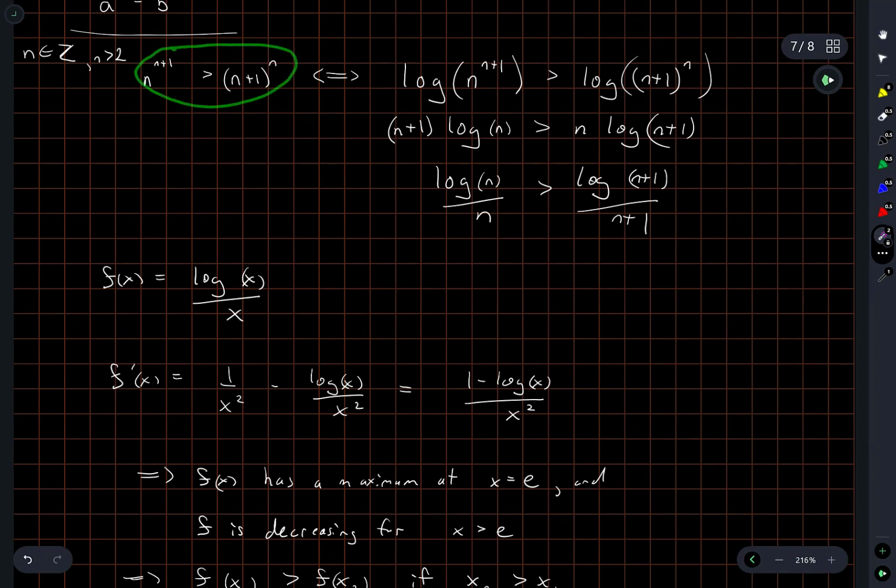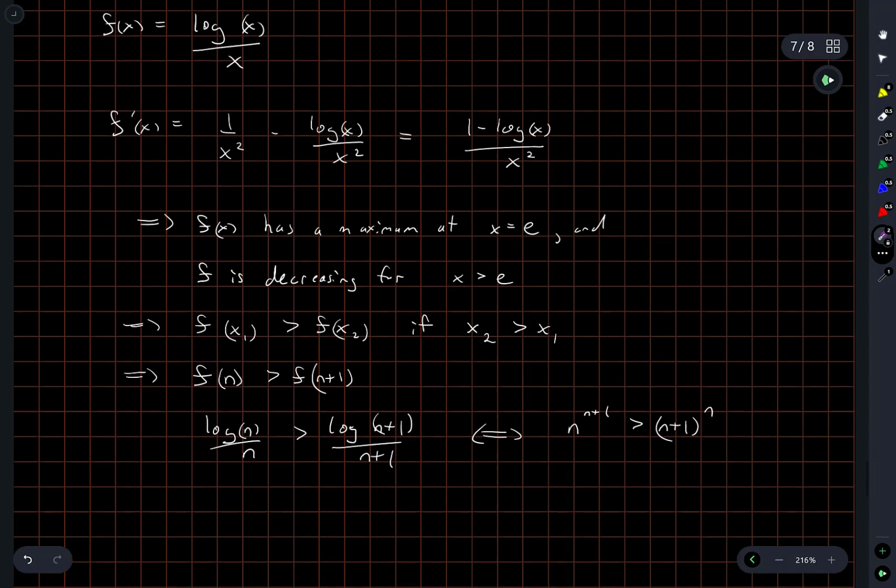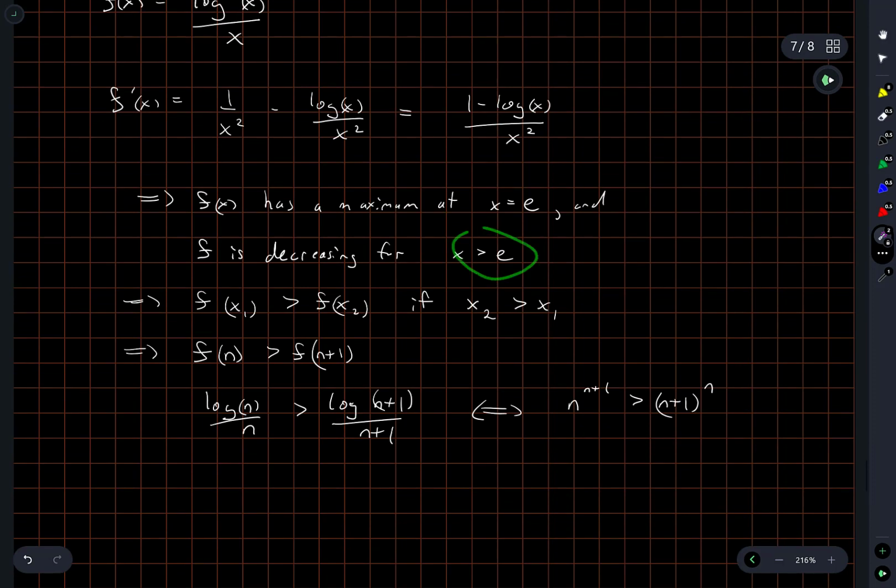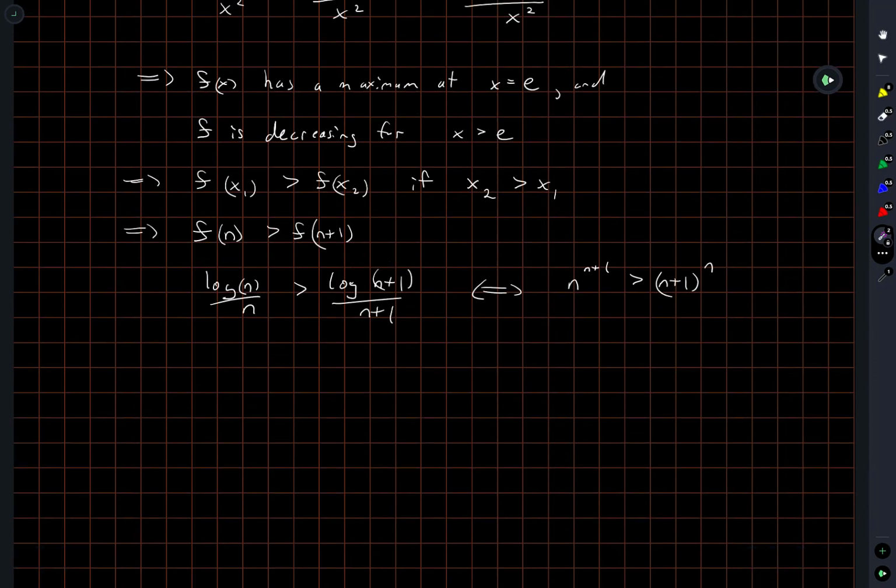It can be a real number. It just has to be greater than e. But the smallest integer greater than e is 3. And so this condition is satisfied by all the values of x greater than e. So yeah, really straightforward in the end.